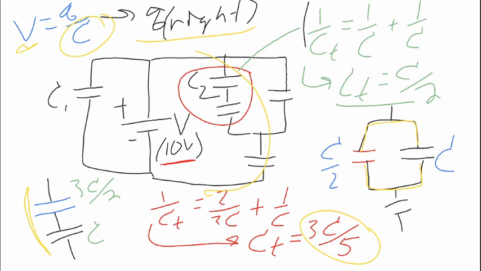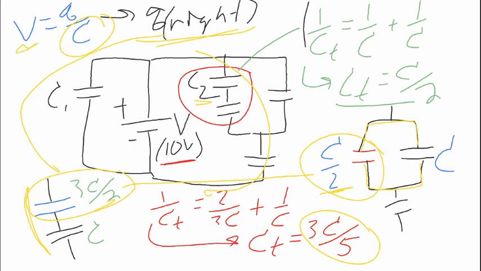Now we would use our other rule. We know that ultimately C2 went into this guy and then it went into this one, right? So we want to work our way back through by doing calculations. Once I have this charge, I know the charge on this net capacitor. Now I have parallel capacitors here.